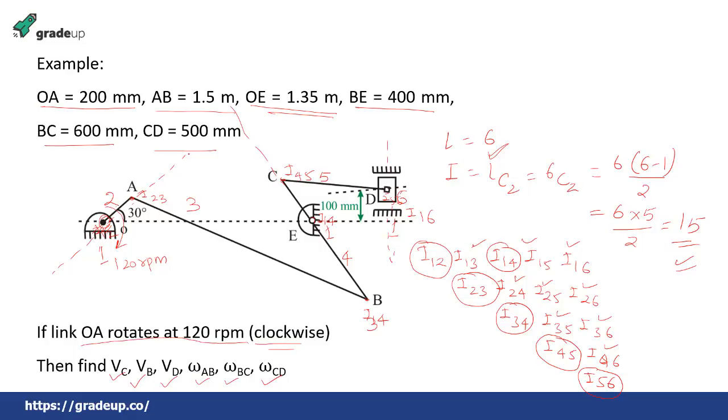Along this line and along this line, where these two lines meet, this will be link I13.